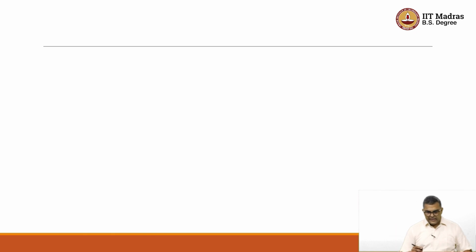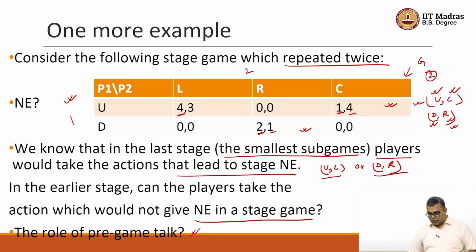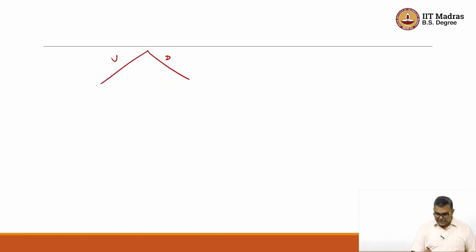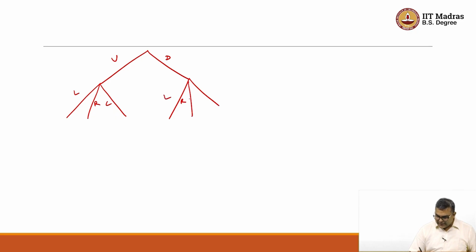Here player 1 can play either U or D, and player 2 can play L, R or C. And because they are moving simultaneously, player 2 is not able to distinguish between these two nodes.